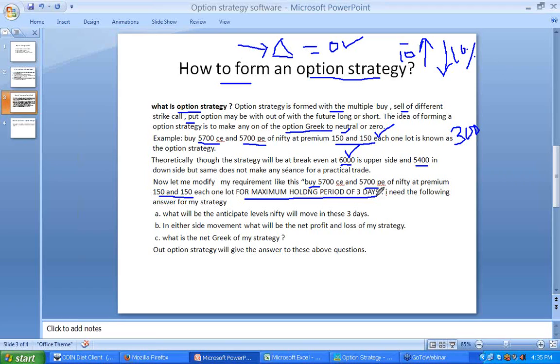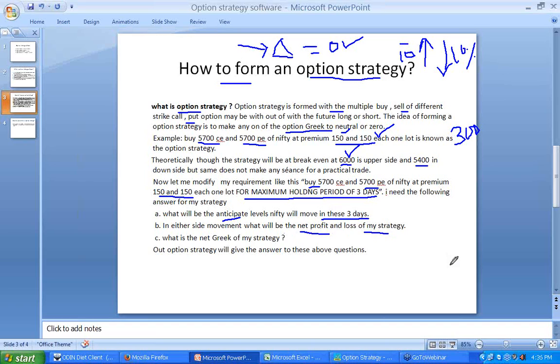I need some complex answers for my question. What will be the anticipated level for the Nifty in the coming 3 days period? In either side movement, what will be the net profit and net loss my strategy can give?